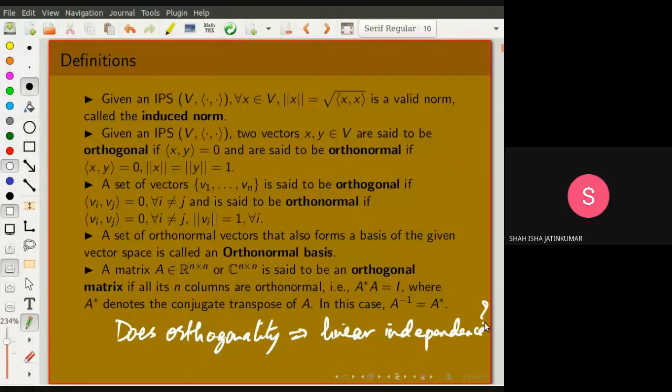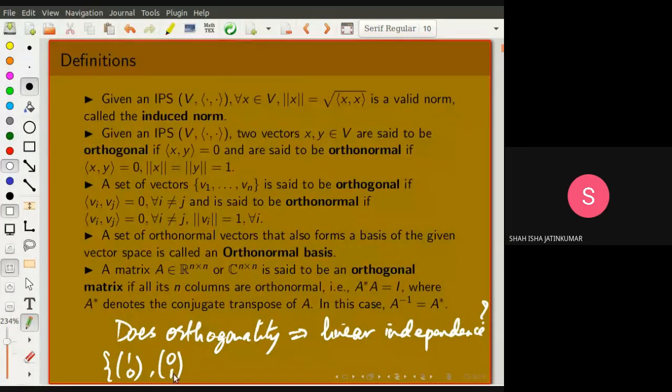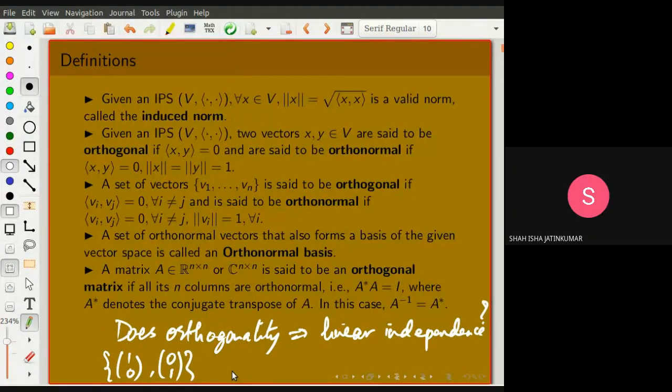When two vectors are perpendicular. Okay, so let's talk about this case. Aren't they linearly independent? No, the inner product is 0, but not necessarily linearly independent.